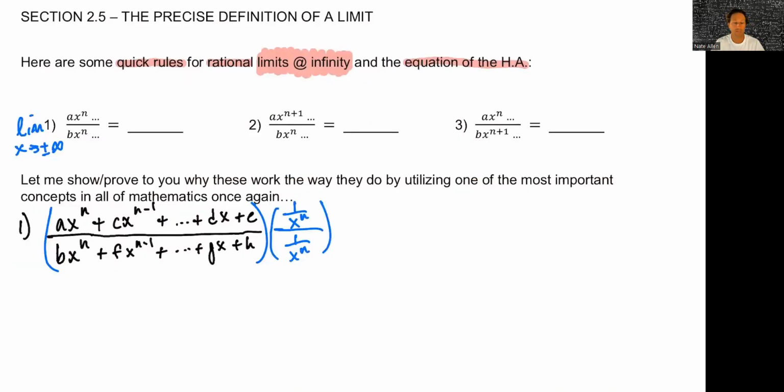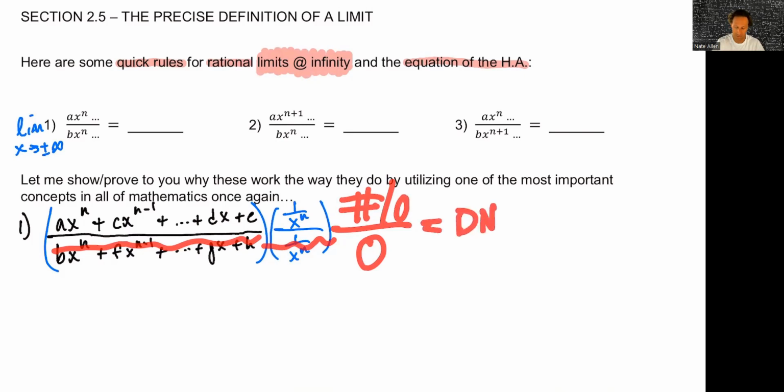The reason we don't want a 0 on the bottom is because if we wipe out all of this and it goes to 0, I don't care what I get on top, we cannot divide by 0. And we just did ourselves a disservice, because does it exist? I don't know, because I don't know how to divide by 0.